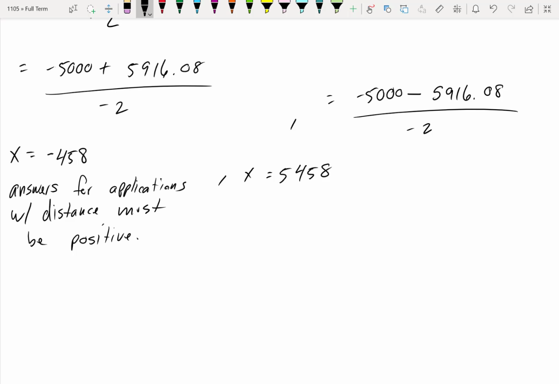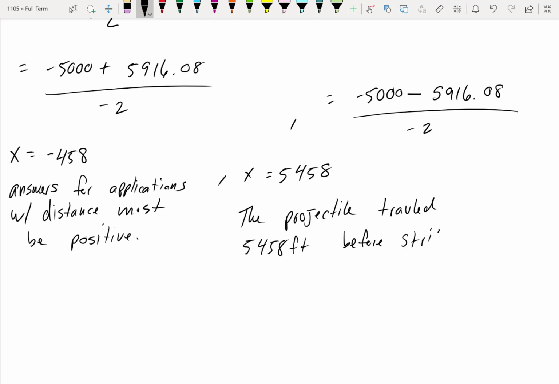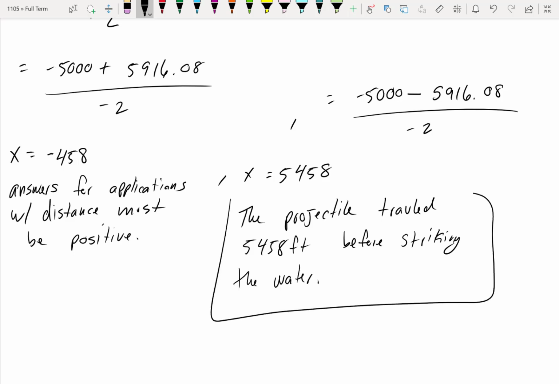Now what that means is the projectile traveled 5,458 feet before striking the water. It flew almost a mile off the cliff before it struck the water. It's pretty crazy.